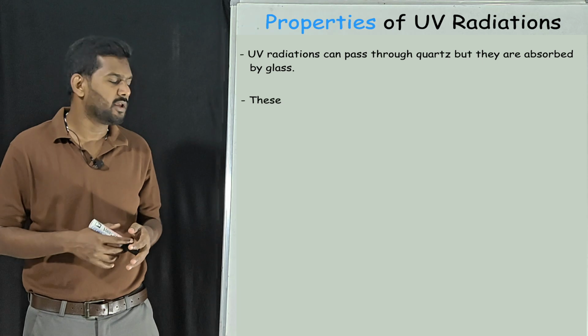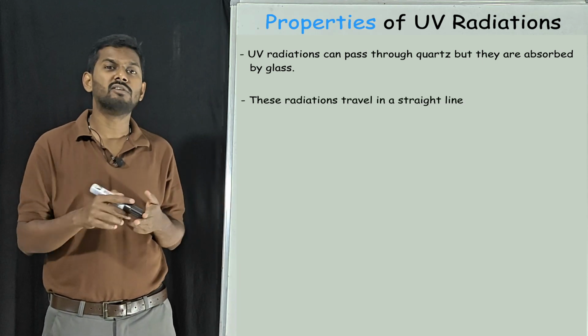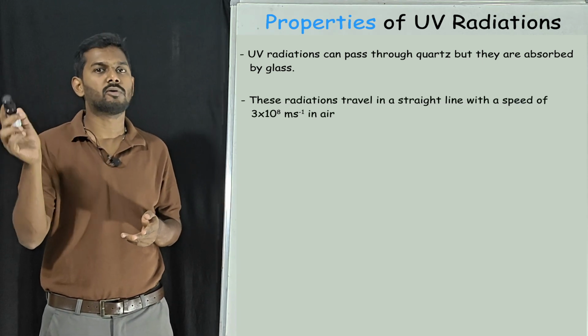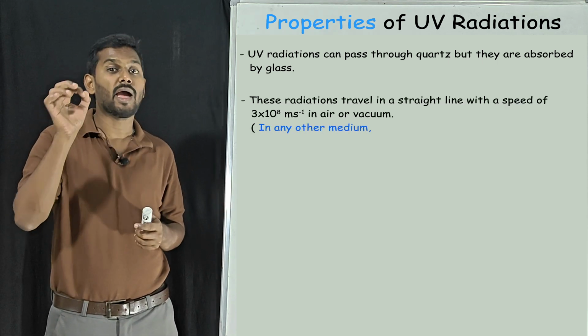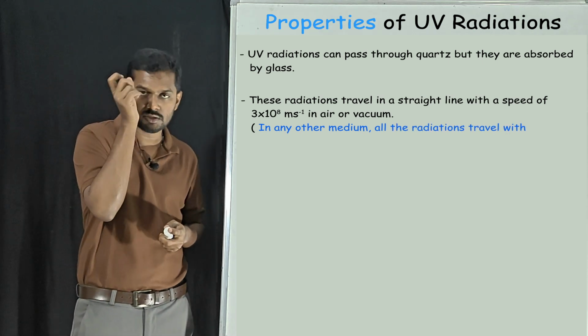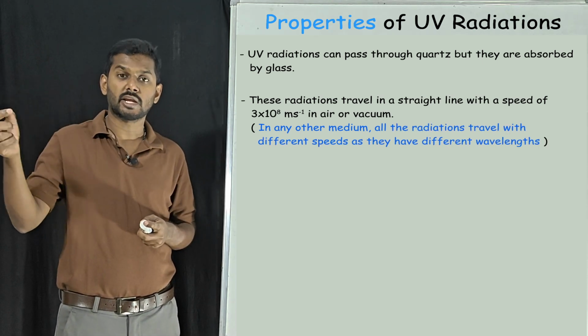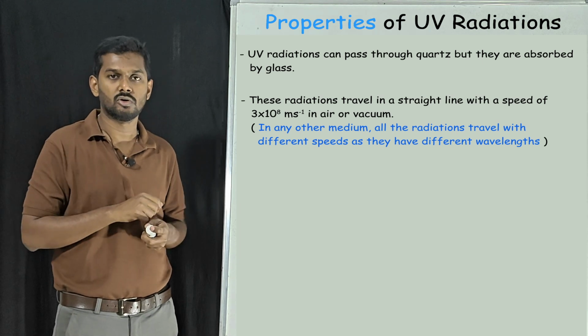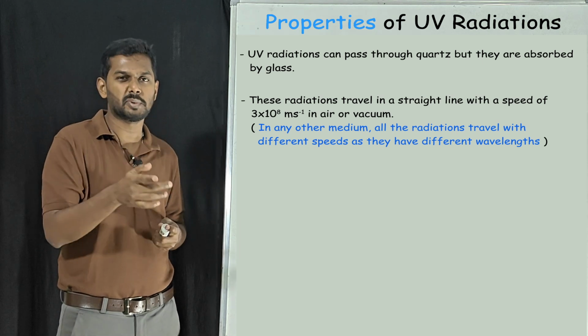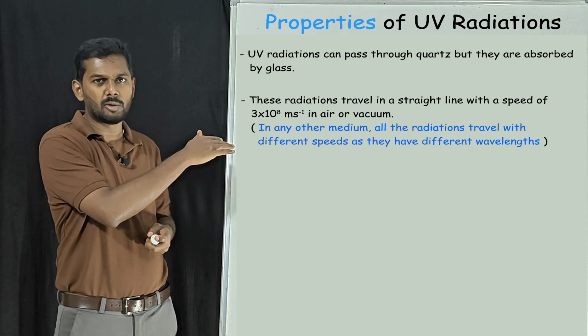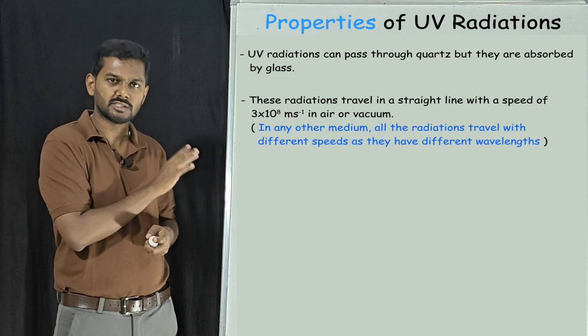Our next property: UV radiation travels with the speed of 3 into 10 power 8 meter per second in vacuum or air. Whenever you are specifying the value, 3 into 10 power 8 meter per second, you have to specify the medium also. In different medium, they have different speed. This is what we have learnt in common properties of all the electromagnetic radiation.